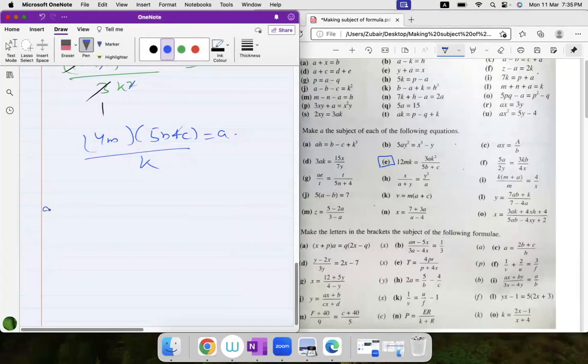G part. AE by T is equal to T over 5n plus 4.